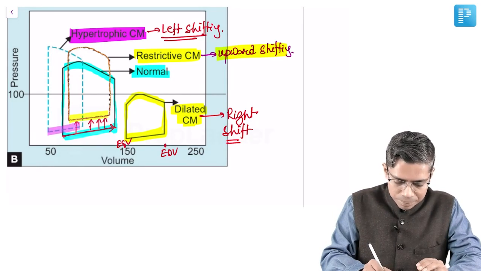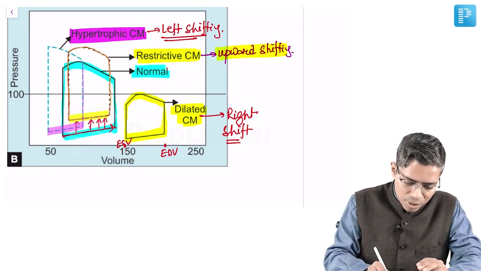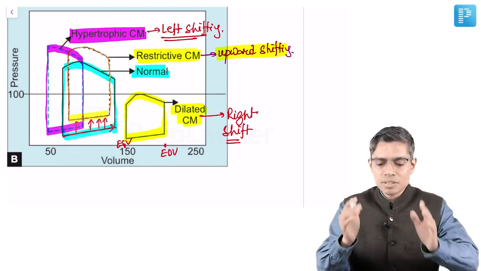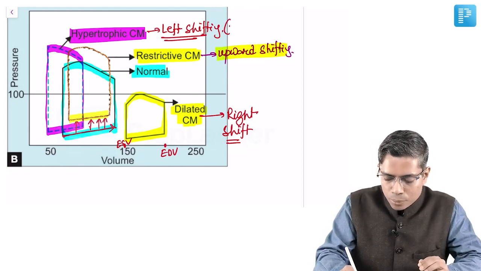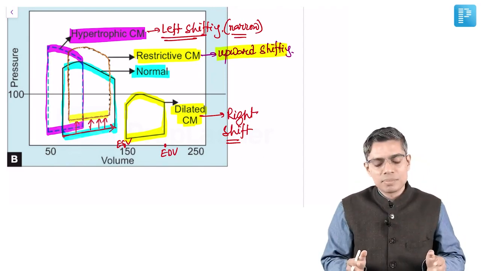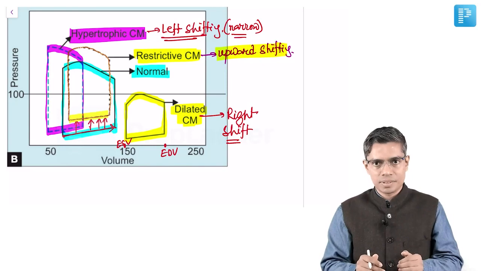So this is the curve of hypertrophic cardiomyopathy. Not only that, the curve is also very narrow, because there is no space for accommodating end diastolic volume. That's why the curve looks narrow, right?